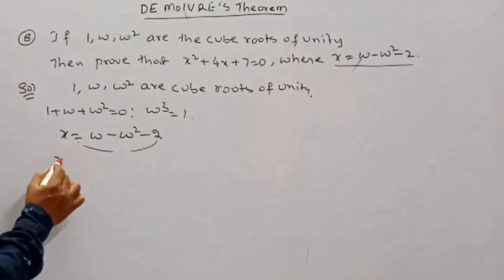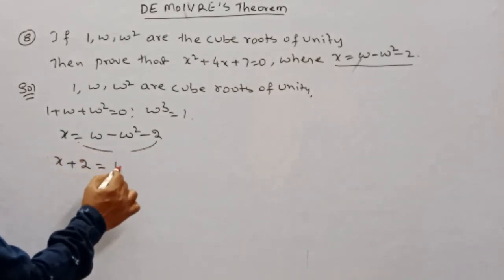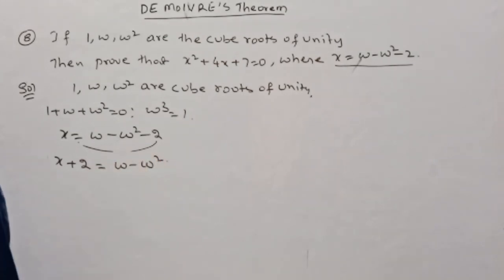You can take it to this side, x plus 2 is equal to omega minus omega square.